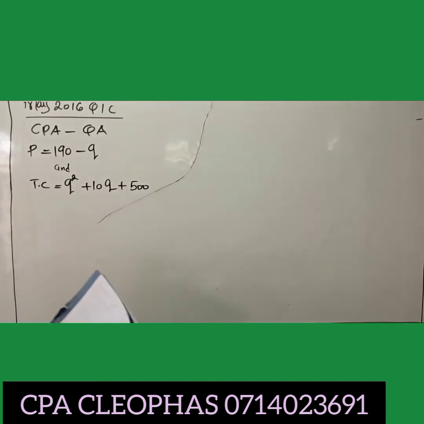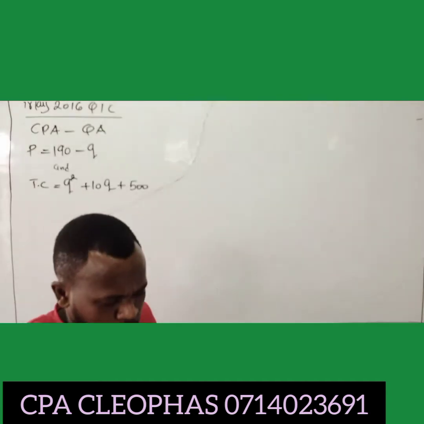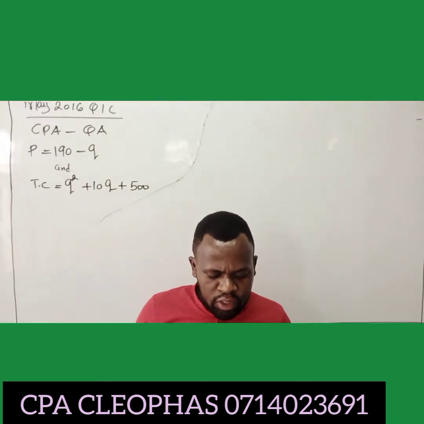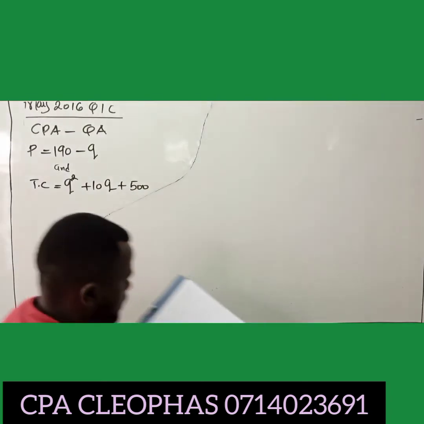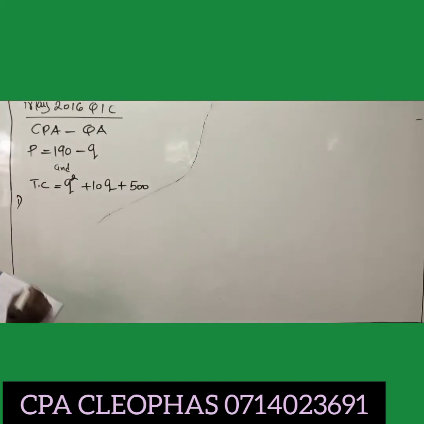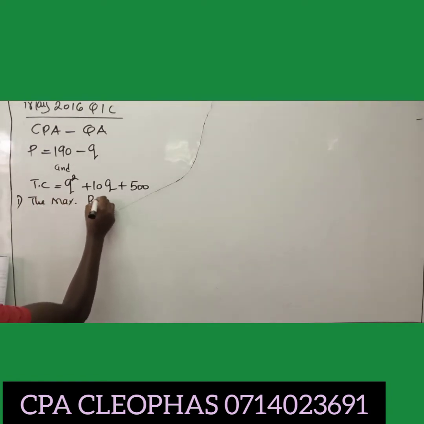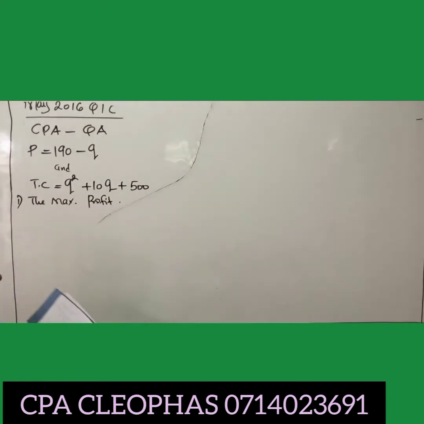We are told P is the unit selling price, Q is the quantity demanded in units, TC is the total cost. Then required, Roman 1: the maximum profit of the company.